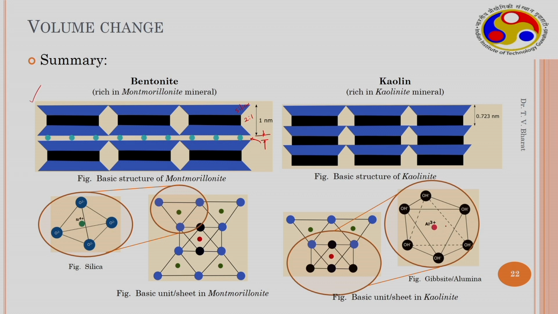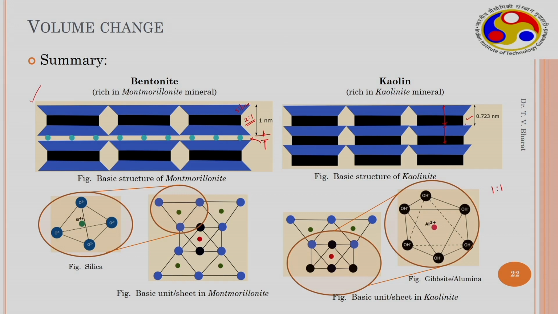This is a 3-dimensional view, and a combination of one silica and alumina sheet plus another silica in case of montmorillonite. In case of kaolinite, only one silica and alumina are attached. That is why this is called a 1:1 mineral, and montmorillonite is called a 2:1 mineral. This whole 1:1 unit together is called one sheet.